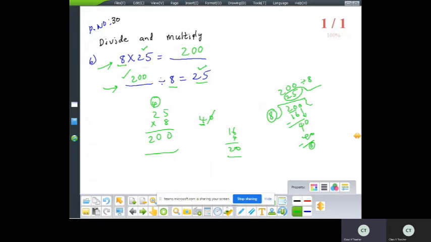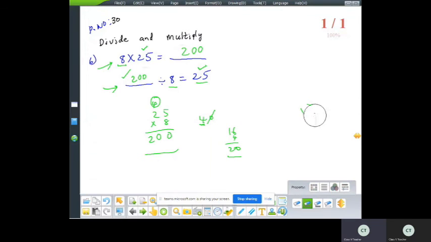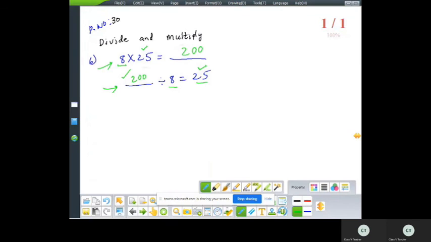Okay students, here C, D, E, F, G, H. These 6 problems are waiting for you under homework. Do these 6 problems in homework or in your running notes. Homework, page number 30, divide and multiply.